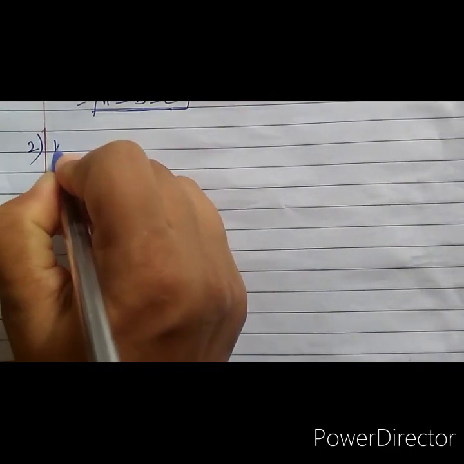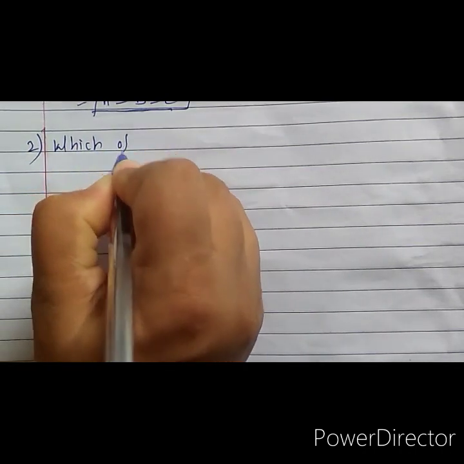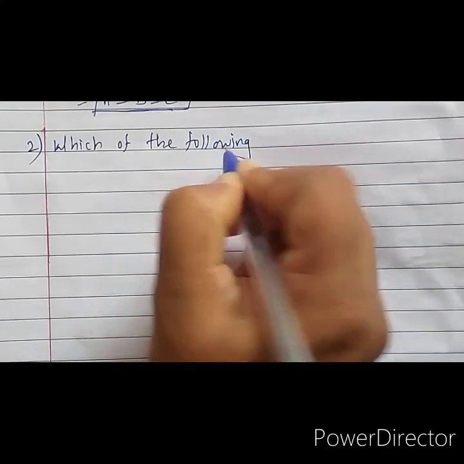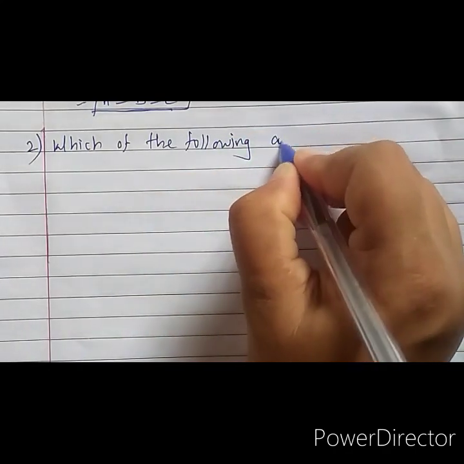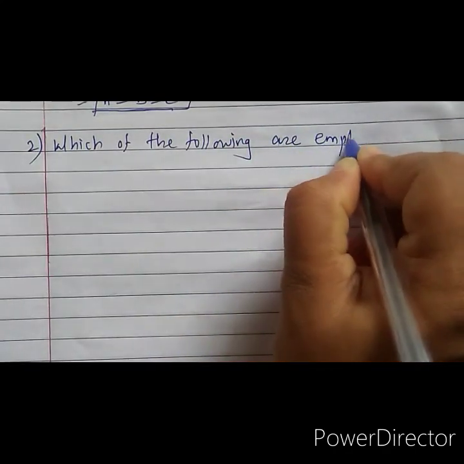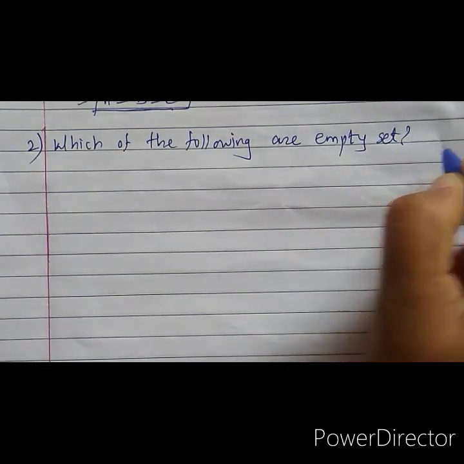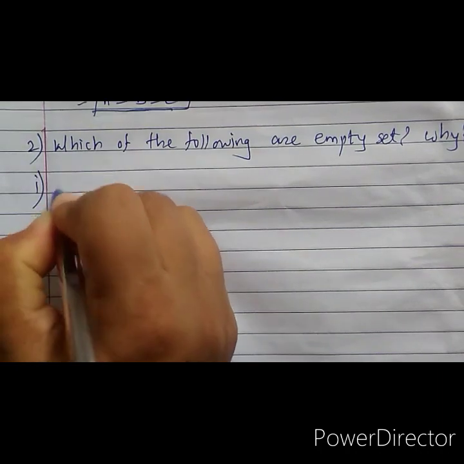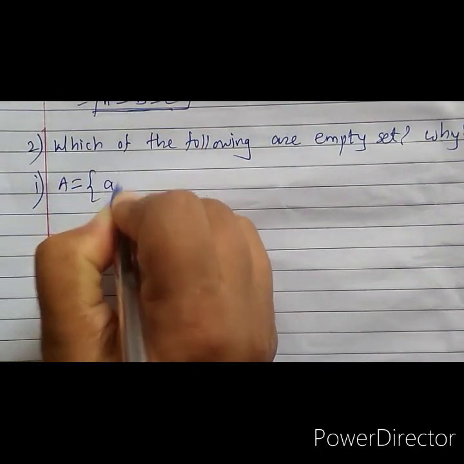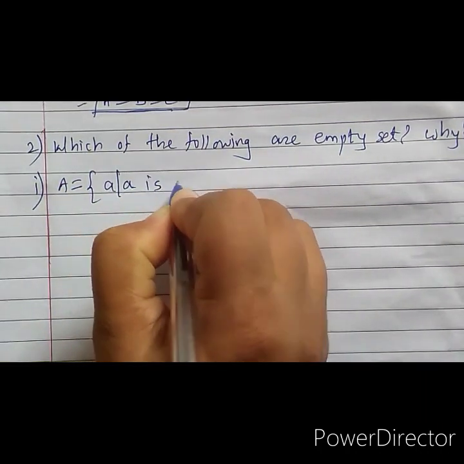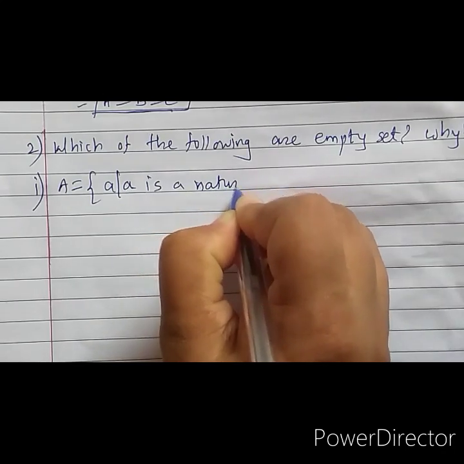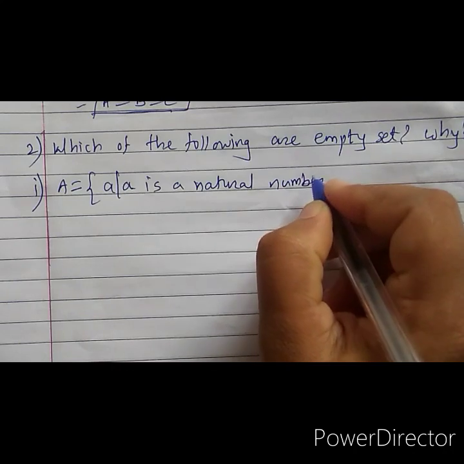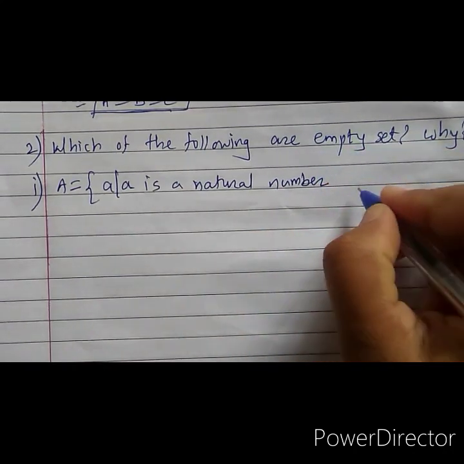Which of the following are empty sets? Why? Number 1, set A is given: A such that A is a natural number smaller than 0.